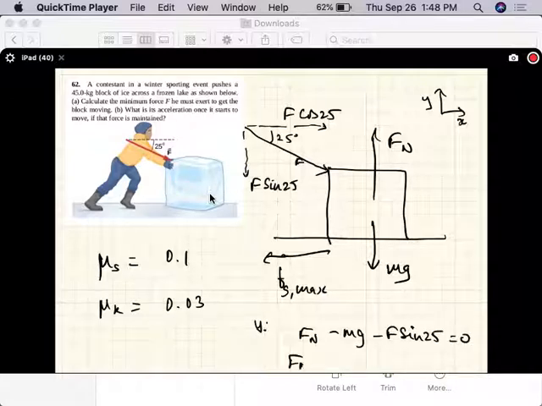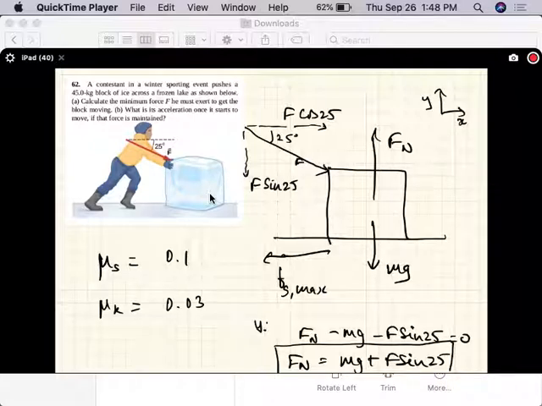So the normal force is equal to mg plus F sine 25. So what we are saying is, when you push down on an object, the normal force is greater than the weight. Okay, so if you were pushing horizontally, then the normal force would just be equal to the weight of the block. Okay, so that's what this is telling you.